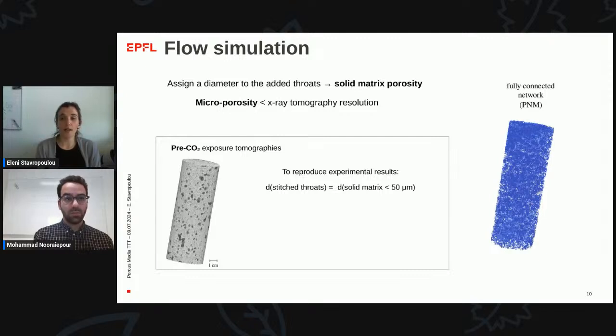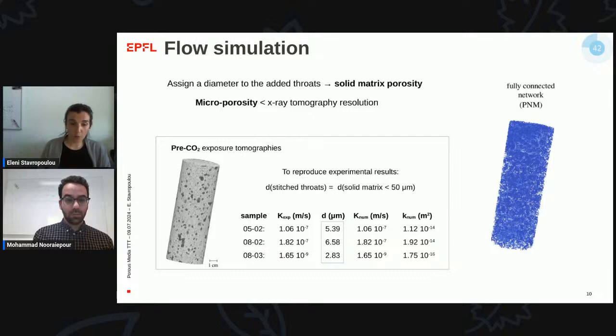So we are going to consider that these additional throats represent the microporosity of the material, or what we call solid matrix porosity. So we're trying to fit these throats with a diameter that is obviously lower than 50 microns.